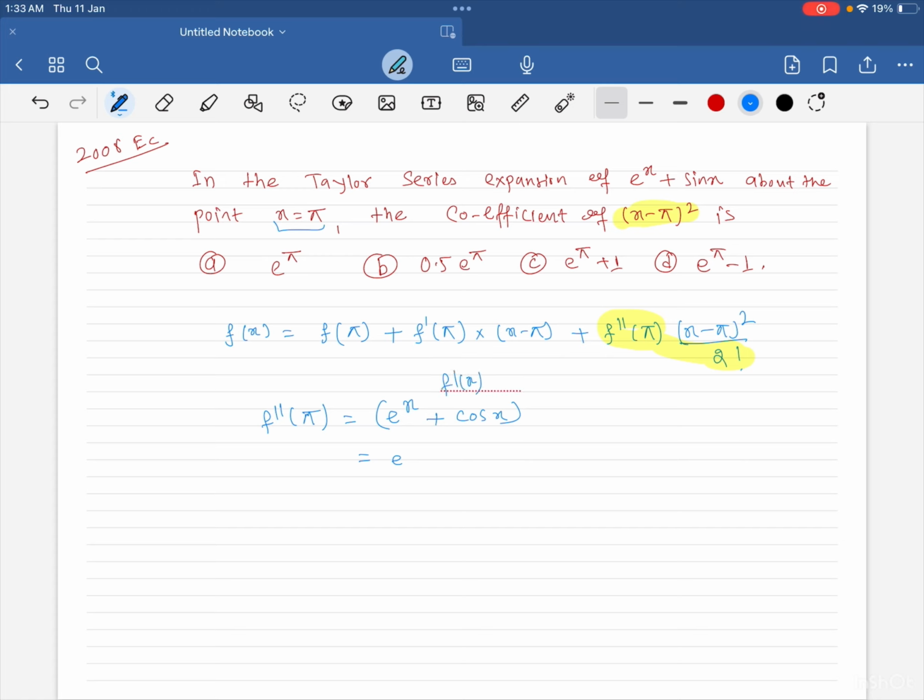Now the double derivative is e to the power x minus sin x, and you will have to calculate at pi. So that will be e to the power pi, and sin pi is 0, right? So the coefficient would be e to the power pi divided by 2, so 0.5 e to the power pi. So the correct answer for this is option B.